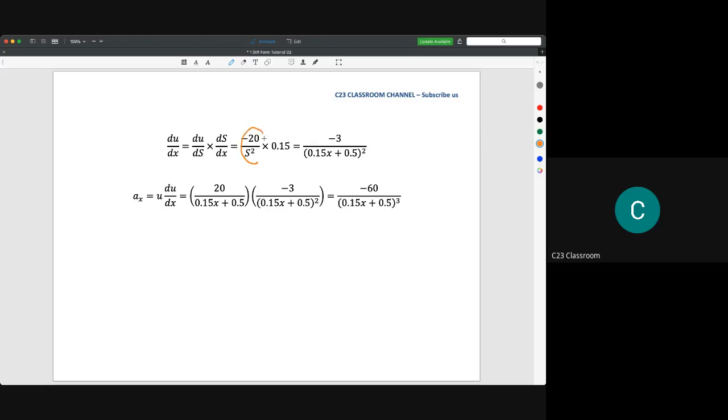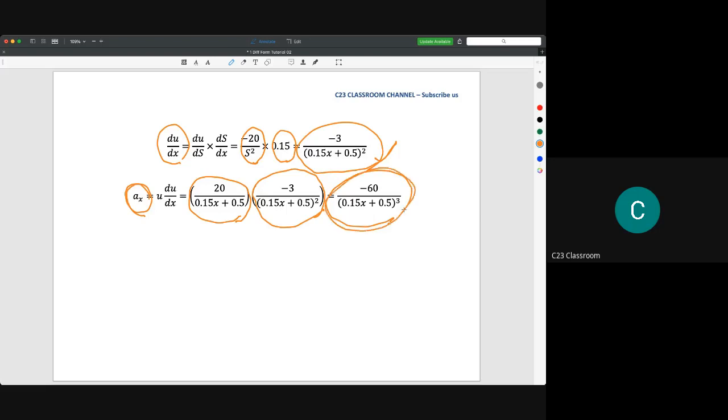We substitute the values of du ds and ds dx, and finally we get the value representing du dx. Now we have the acceleration u times du dx. We substitute the value of u and the value of du dx, and finally we get the acceleration for the x-axis as this term: minus 60 over 0.15x plus 0.5 to the power of 3.